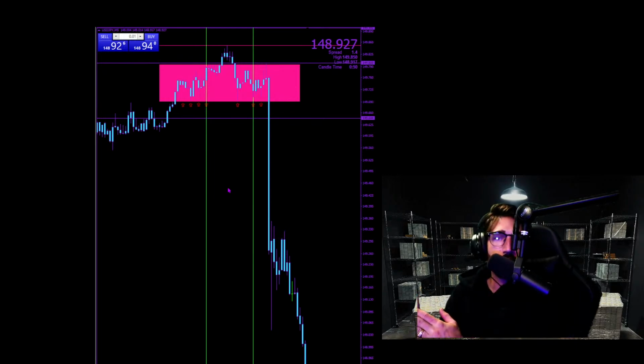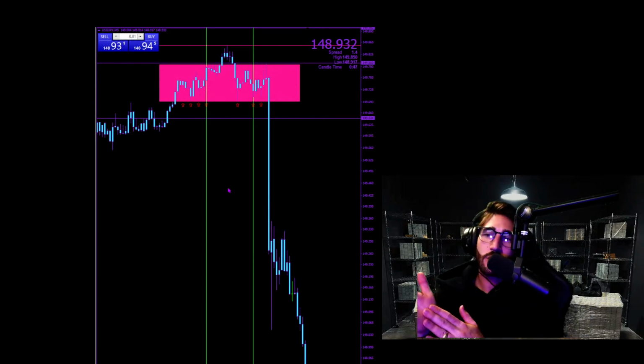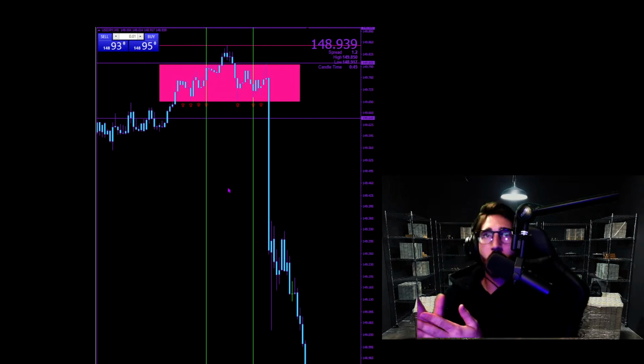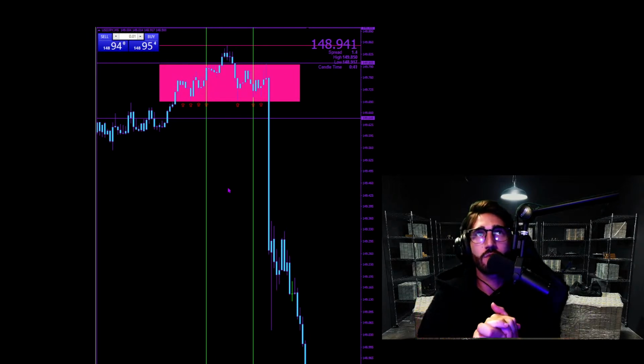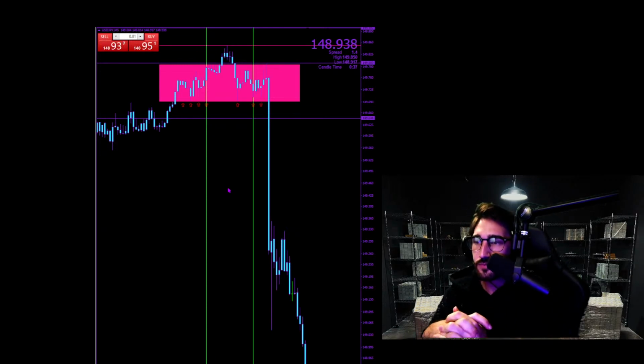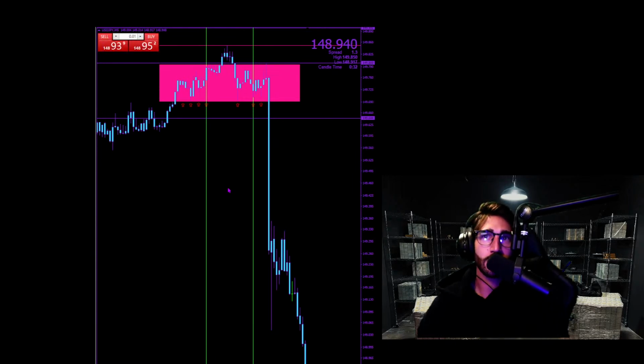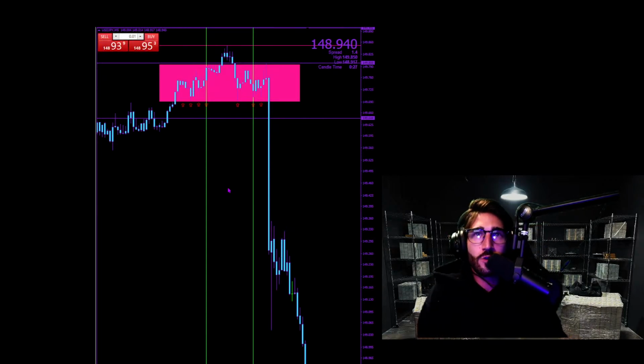Hey, these are the levels I'm seeing. What do you think about these? What do you think about this? More eyes is better than two. So that's how we've always traded in all of our groups. So if anybody has any questions, do not be afraid to ask. There is no stupid questions, especially in the world of trading. The more knowledge you have, the more you can earn.